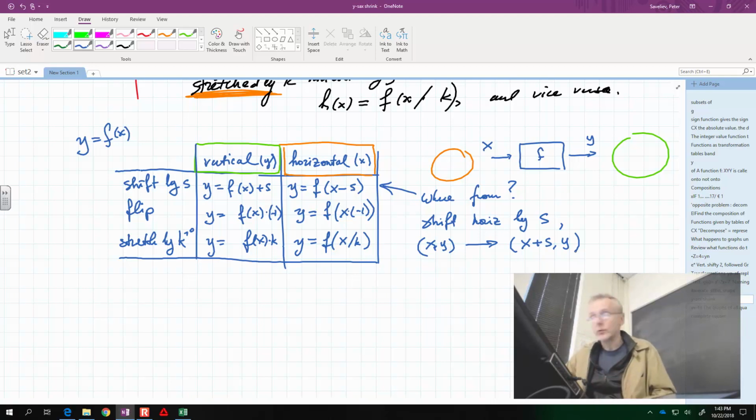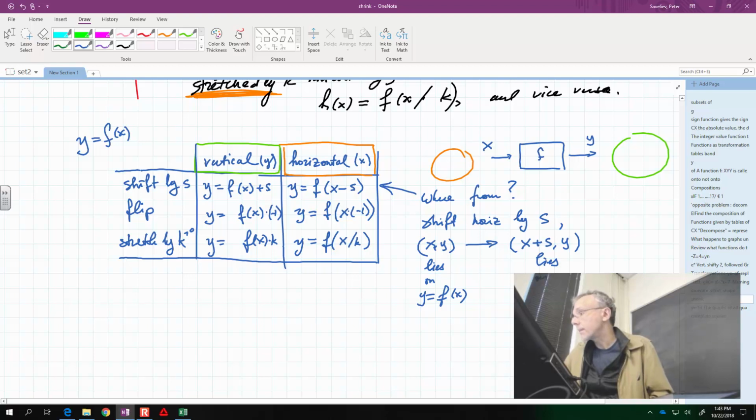It's when the function comes into play. So if this one lies on y equals f of x, and this one lies on y equals g of x, the new one, so this is the old one and this is the new one, then if (x plus s, y) lies on the graph of the function y equals f of x, it means that y is equal to g of x plus s, which is also equal to f of x.